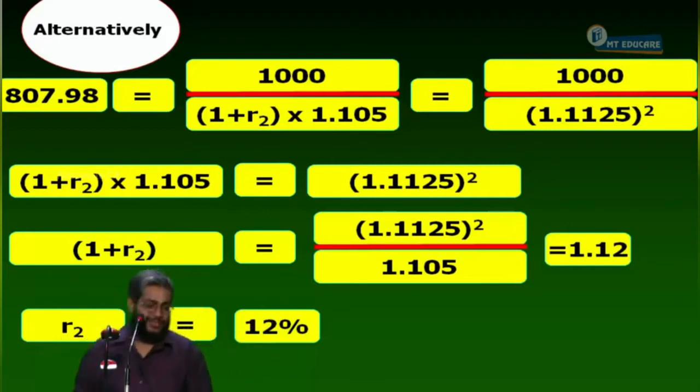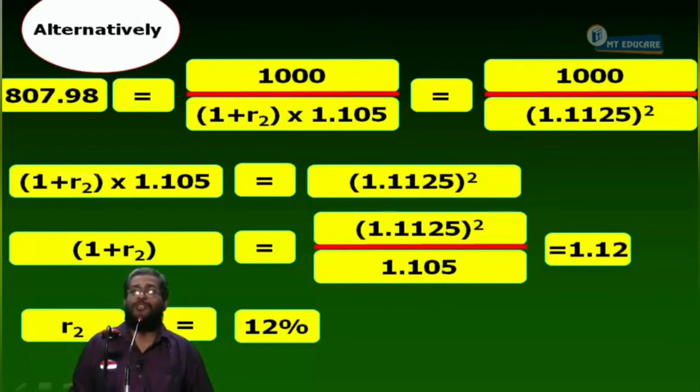Did you understand what I am saying? So, for the first problem, the coupon paying bond, that is the only way to calculate. In this case, I can simply say 1.1125 the whole square divided by 1.105 is going to give me the forward rate of 12%. This is the second method.